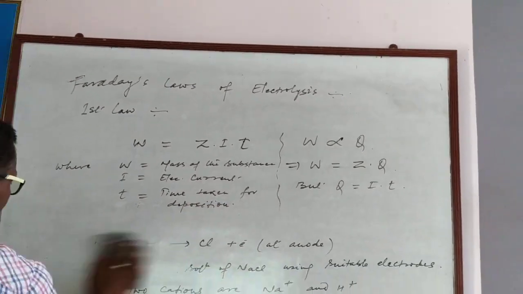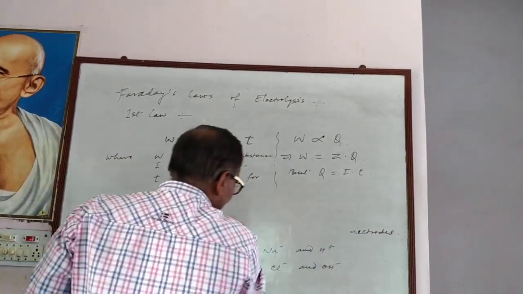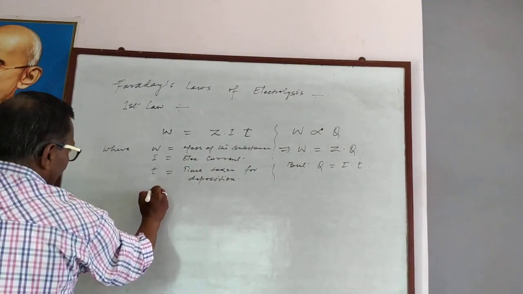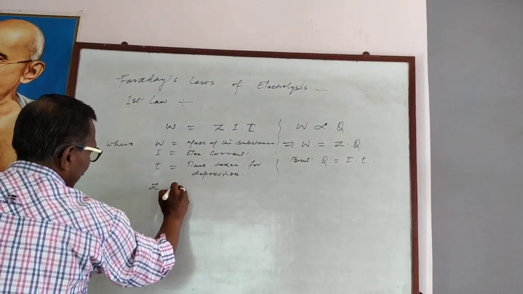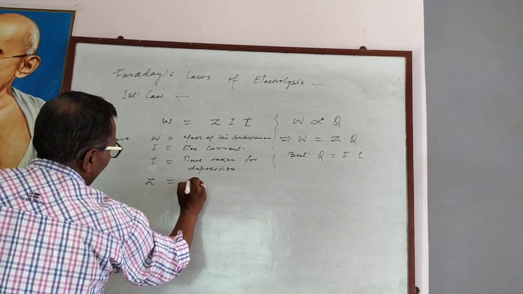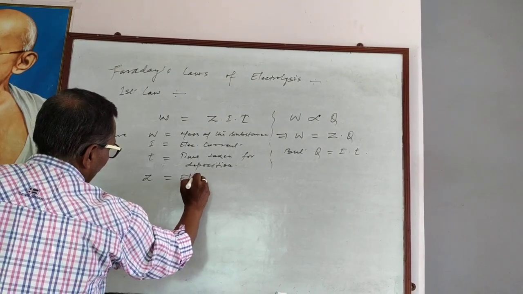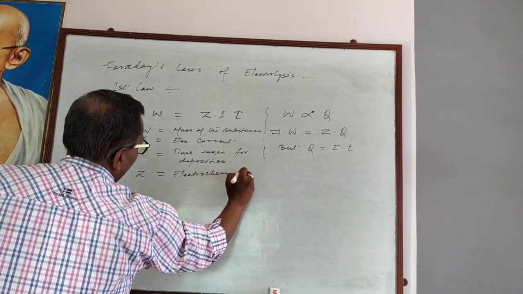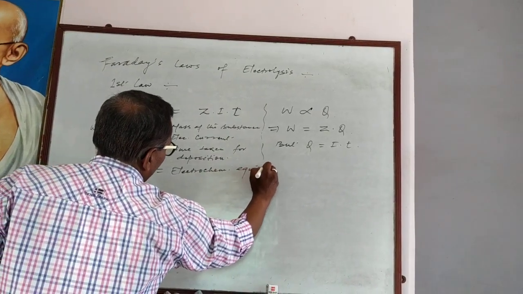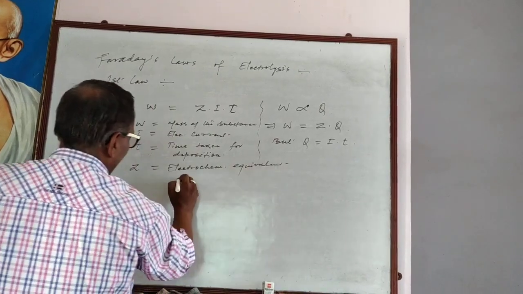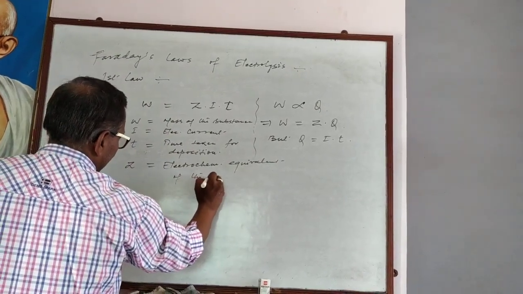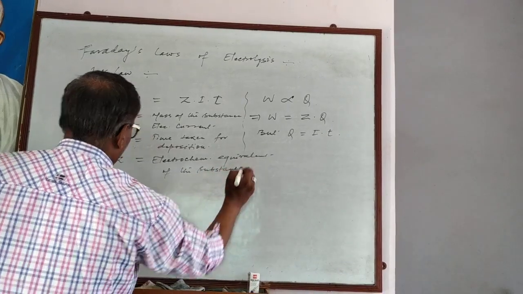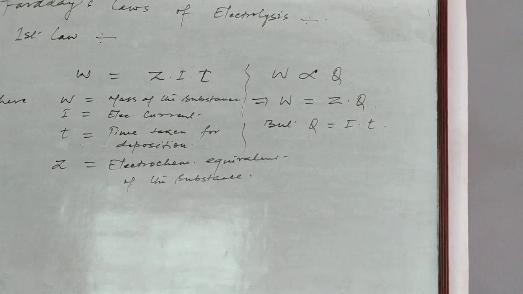So this is Faraday's first law of electrolysis, and lastly Z is the electrochemical equivalent of the substance, which is a proportionality constant.